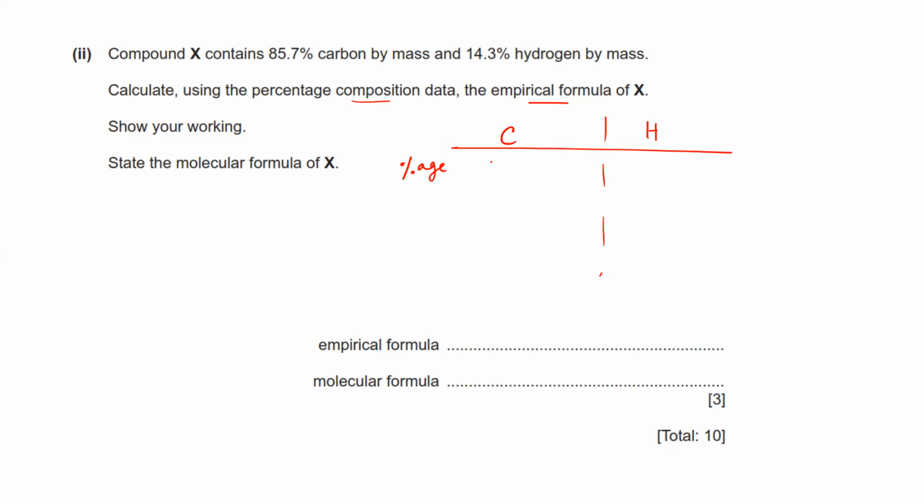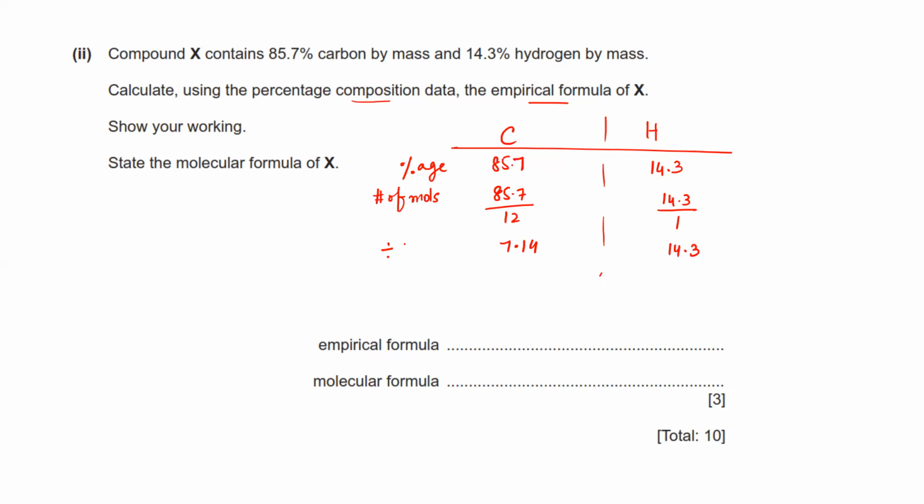Percentage carbon 85.7, hydrogen 14.3. So number of moles: 85.7 divided by 12, 14.3 divided by 1. The number of moles comes out to be 7.14 and 14.3.